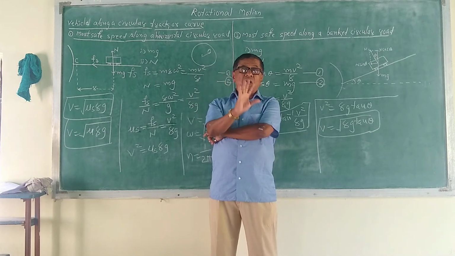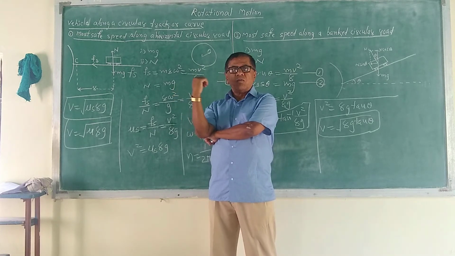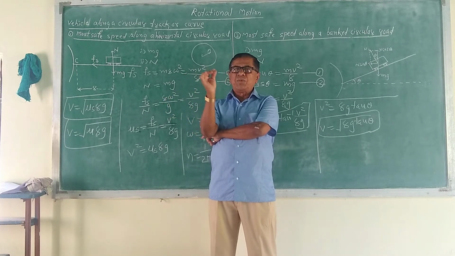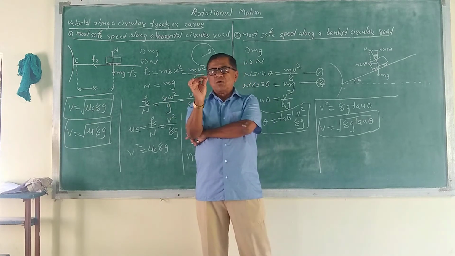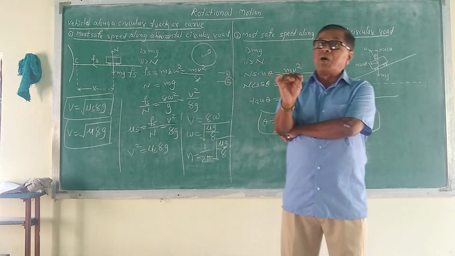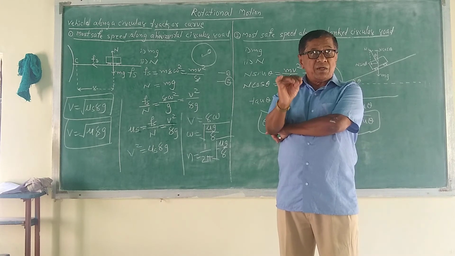The question is, why are the roads banked? According to this formula, v is equal to square root of mu rg. Here the speed limit depends on the coefficient of static friction, but it has an upper limit. It can't be increased above a certain limit.